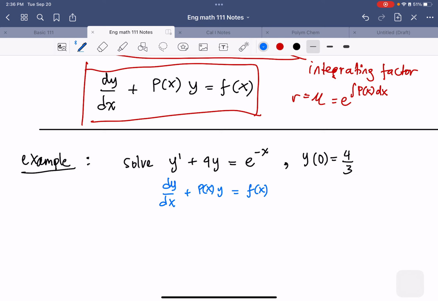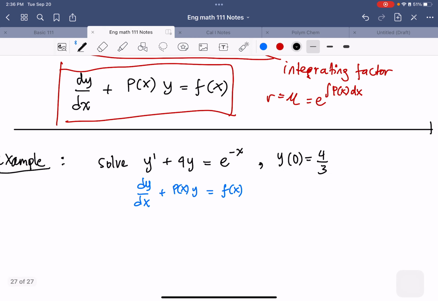Now the technique suggests to compute the integrating factor and then multiply it to all sections here. So we write the integrating factor e with power of the integral of p of x dx, and in our case, p of x is 4, so we just plug in 4 and integrate with dx. So 4 dx becomes 4x.